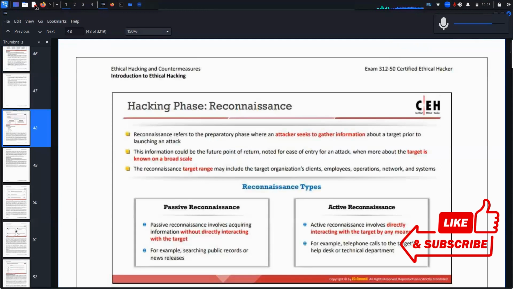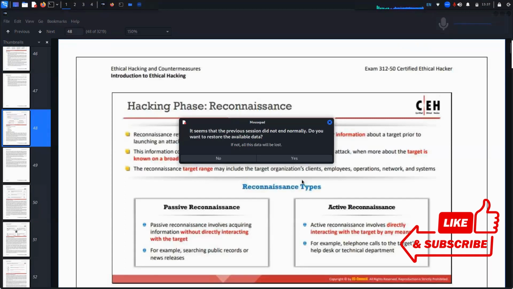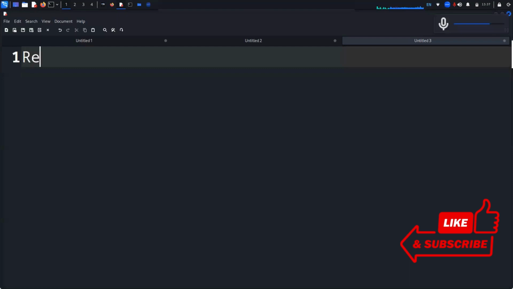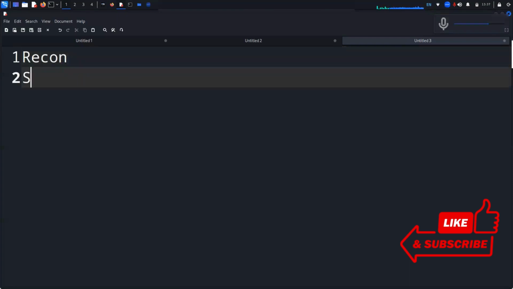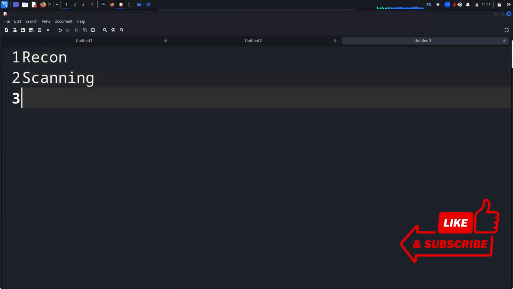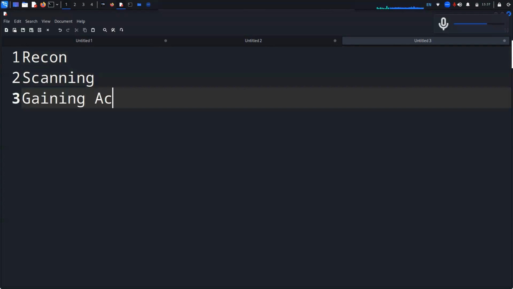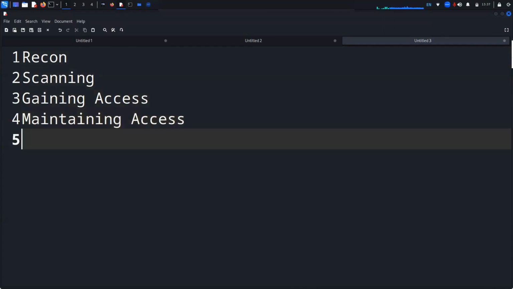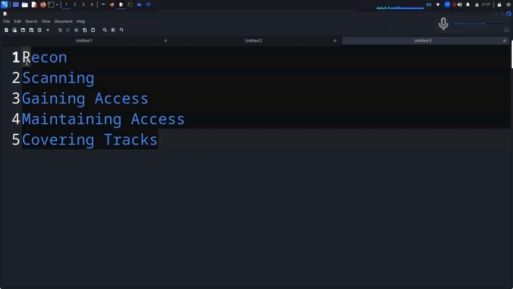The initial steps of hacking are recon, scanning, gaining access, maintaining access, and covering tracks. We'll be covering all of this in detail.